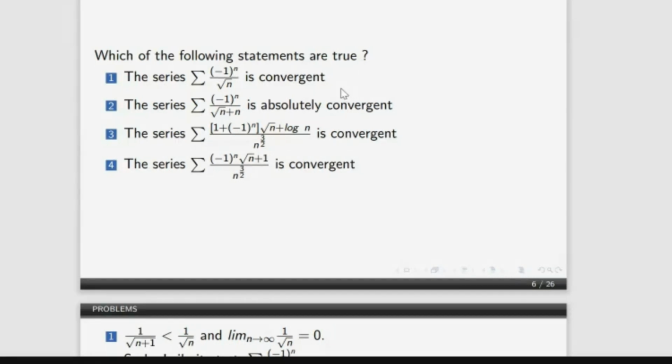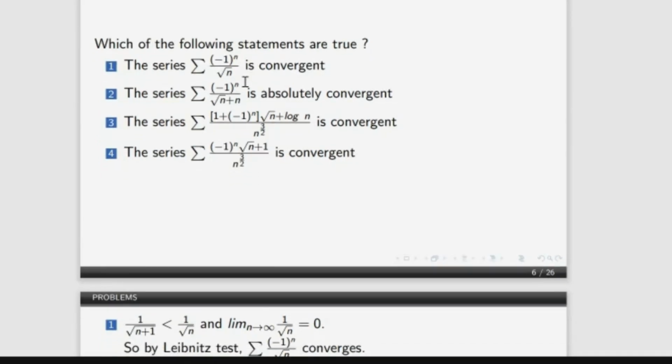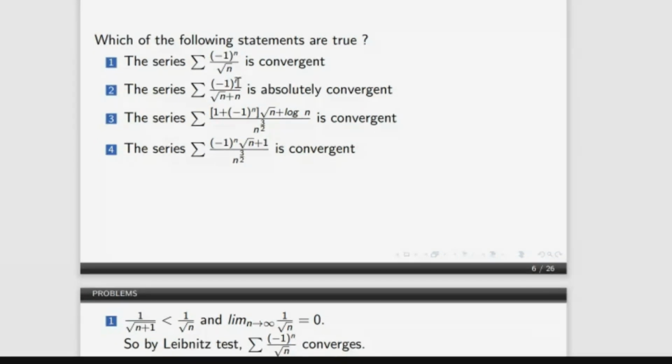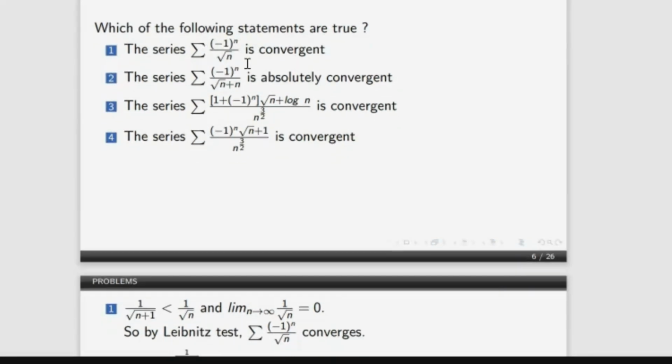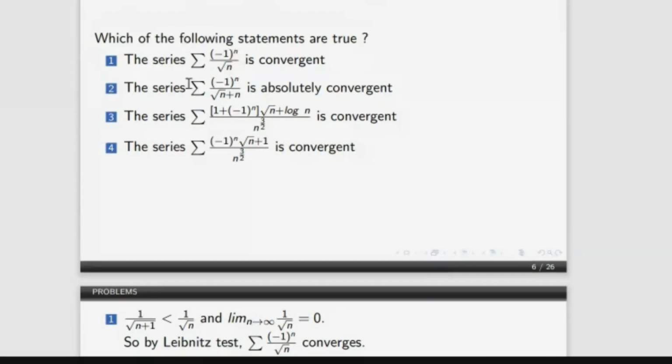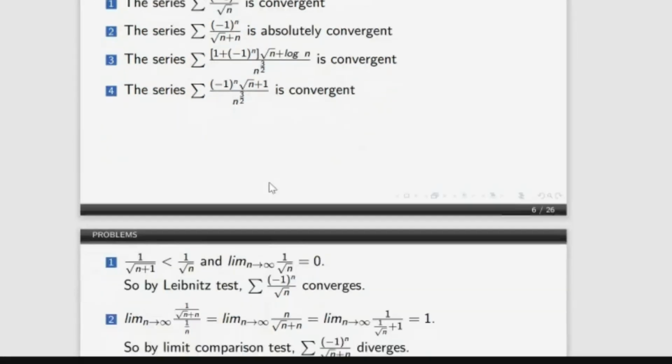So it is not convergent using the idea of p-series, which means I cannot apply the absolute convergence test here. The only option I have is the Leibniz test. Using the Leibniz test, I can see that the sequence 1 by root n is decreasing, along with the condition that its limit value is 0. So the series is convergent in nature, using the Leibniz test.